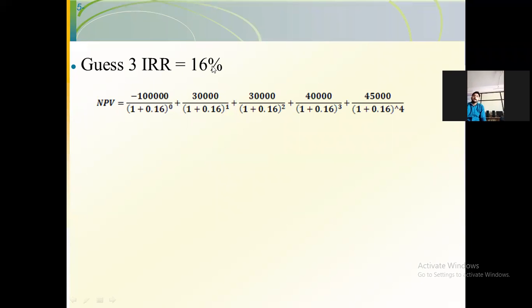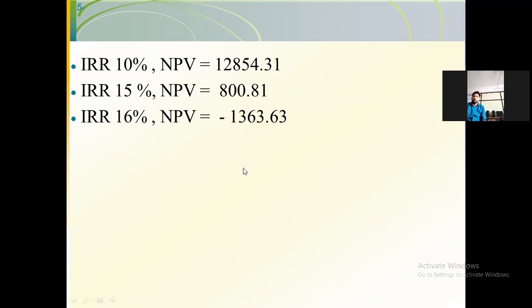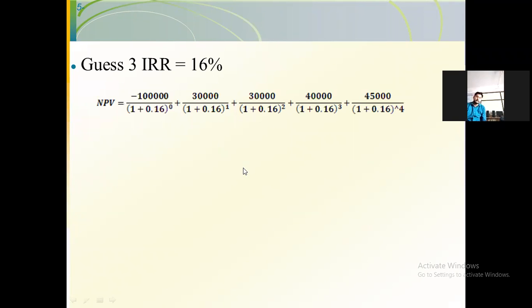So do the calculation for 16%, or for 15.5, or 15.3 also. Here my guess 3 is internal rate of return equal to 16%, and I have done the calculation for that.